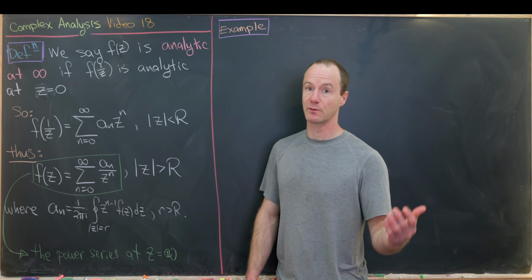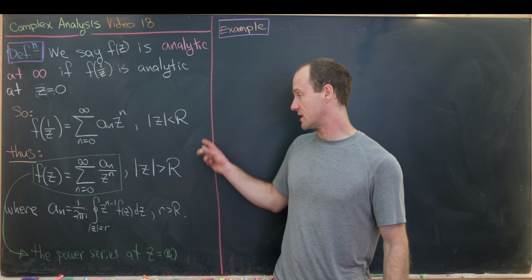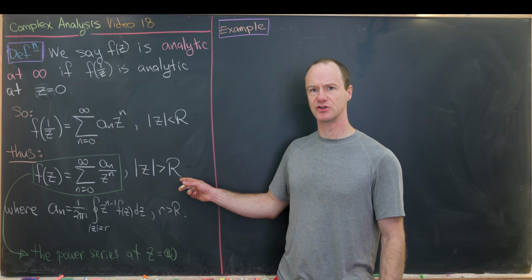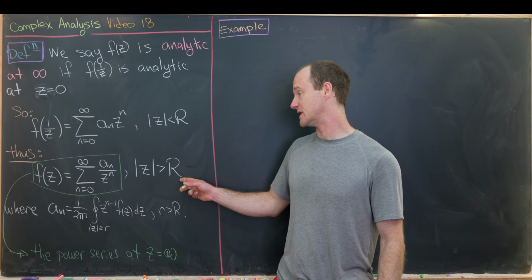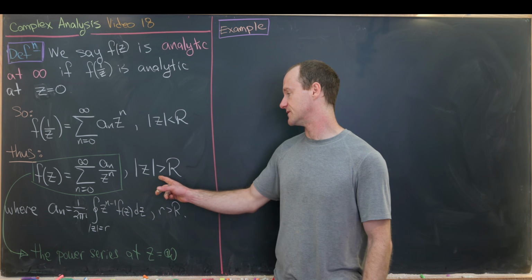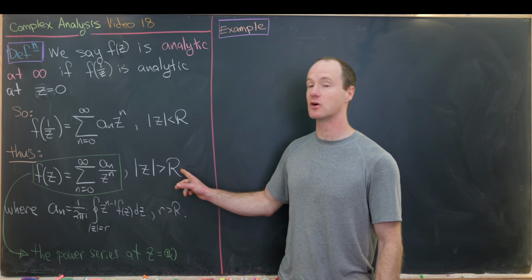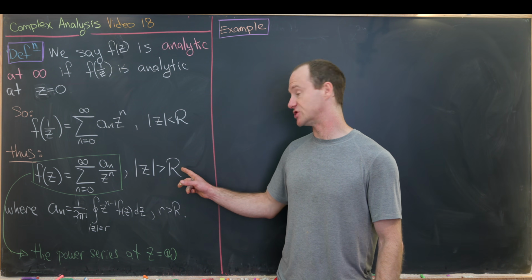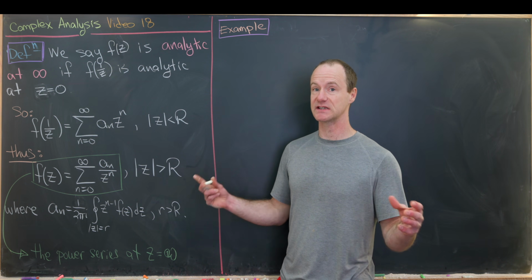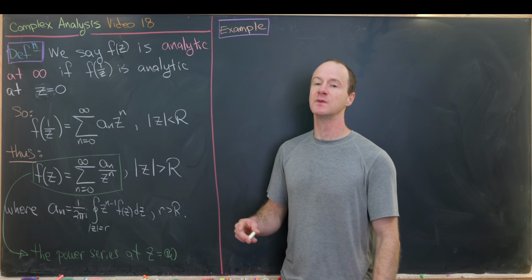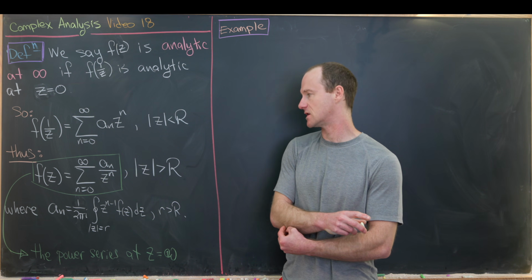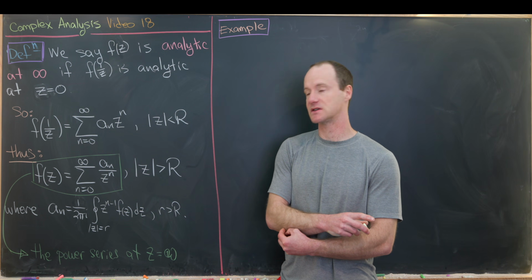But then, since we replaced z with 1 over z from here to here, that means that now our radius of convergence is a bit different. We have the modulus of z is strictly bigger than r. And so that means it converges on a region outside of a disk instead of inside of a disk. But still, we don't know exactly what's going on with the boundary. That has to be tested on a case-by-case basis.